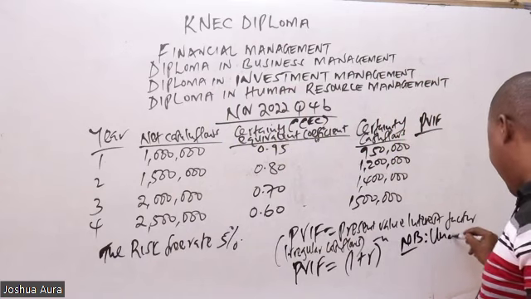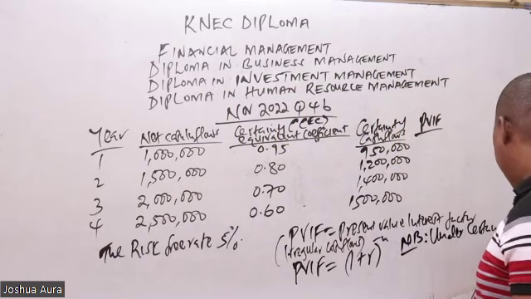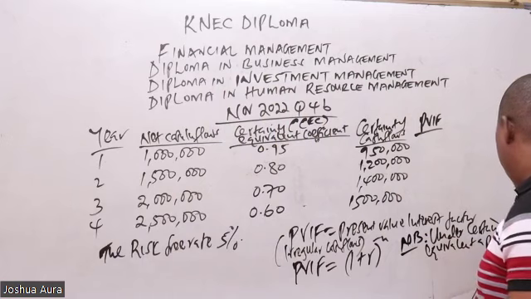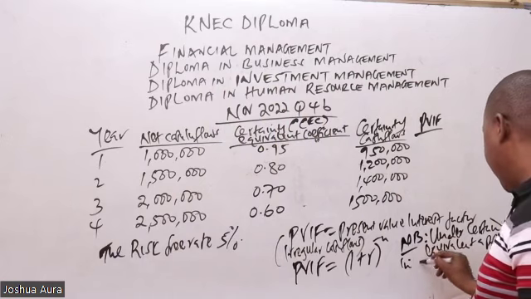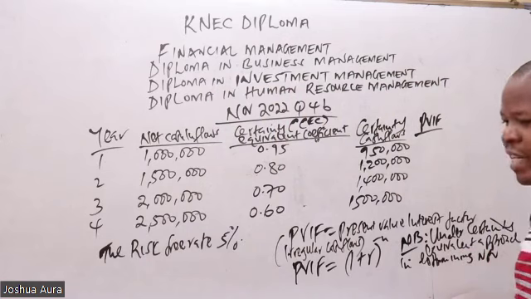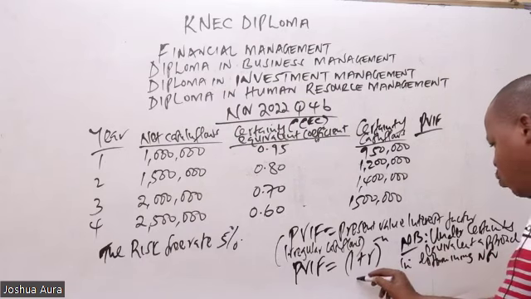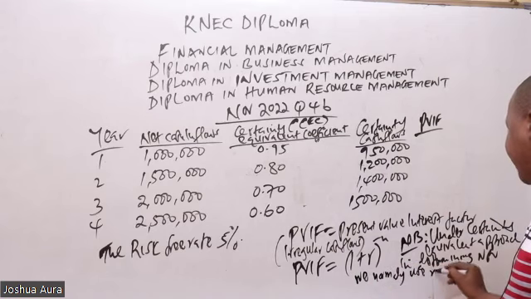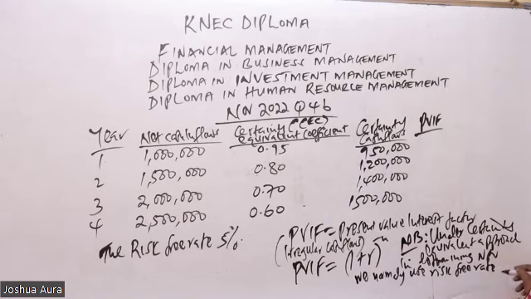Under the certainty equivalent approach in determining NPV, we normally use the risk-free rate of return to discount.